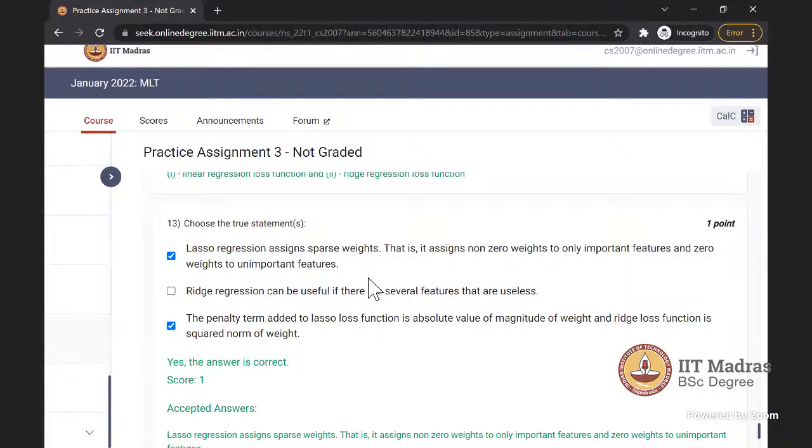Which feature has the higher magnitude of weight associated with it? The first one, right? So in this way, we can say that the first feature affects the output to a greater extent as compared to the second one. We can say the first one is very useful and the second one is comparatively useless, just on the basis of the magnitude of weight. Exactly. Thank you, sir.